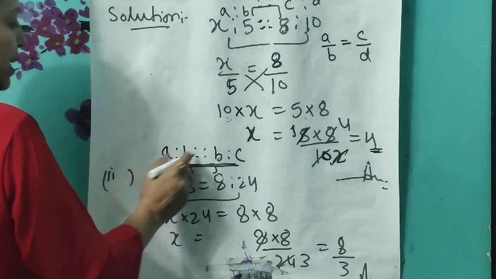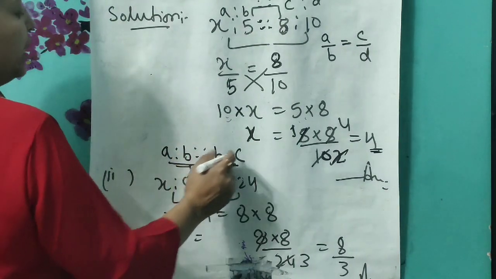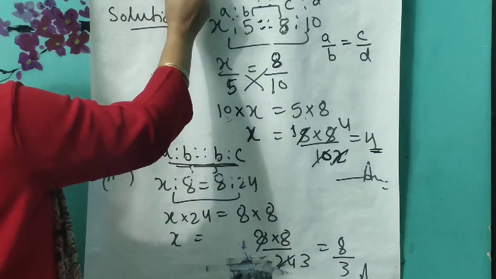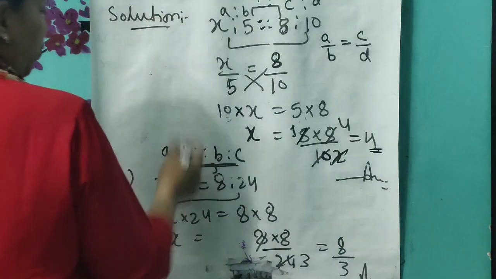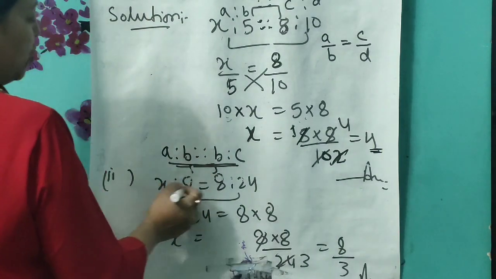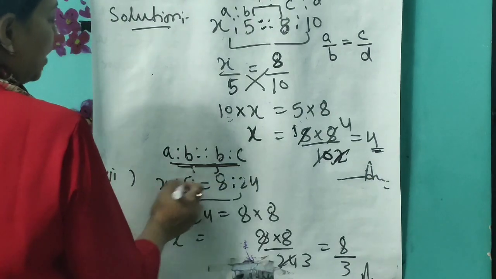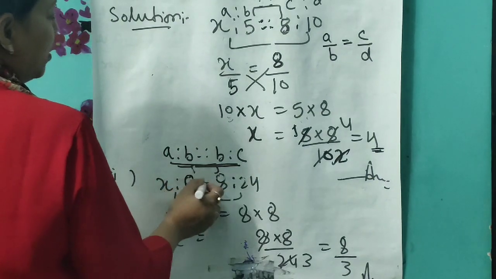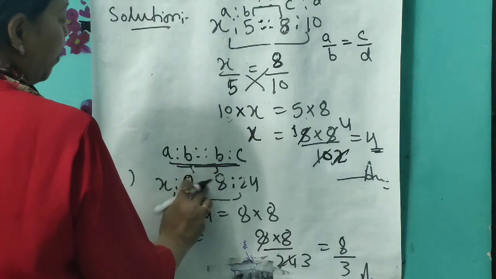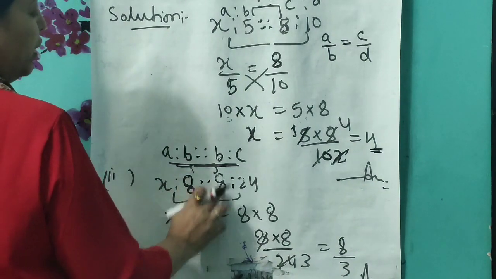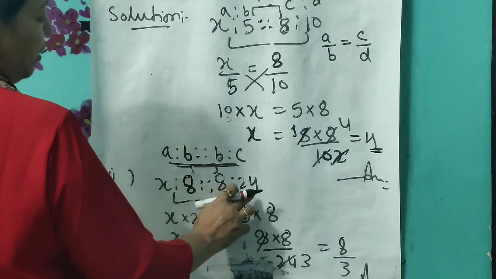A is to B is in proportion with B is to C. So here the value of A is x, B is 8 and C is 25. So A is to B is equal to B is to C. It means x is to 8 is in proportion with 8 is to 25.